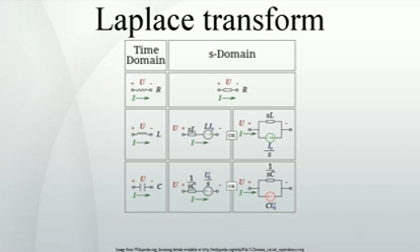Z transform. The unilateral or one-sided Z transform is simply the Laplace transform of an ideally sampled signal with the substitution of z equals e^(sT). Let Δ_T(t) be a sampling impulse train, also called a Dirac comb, and x_q(t) be the sampled representation of the continuous-time x(t). The Laplace transform of the sampled signal is this.